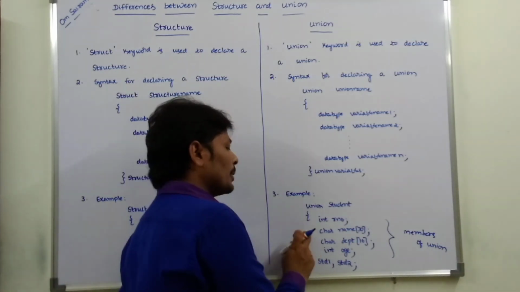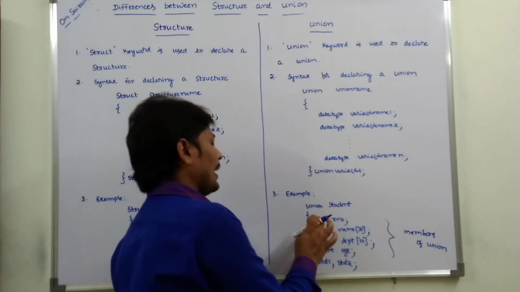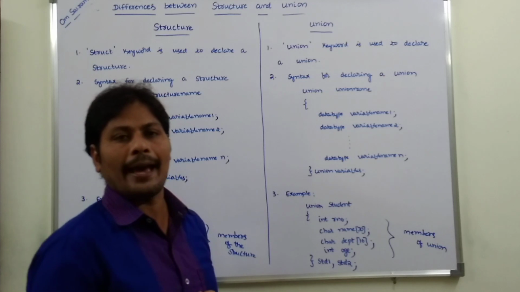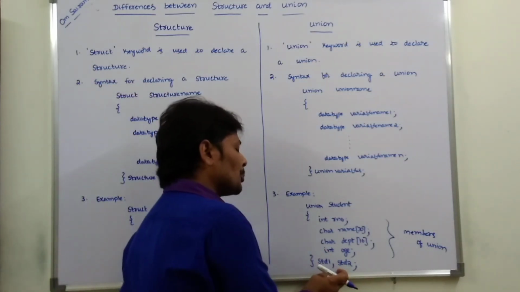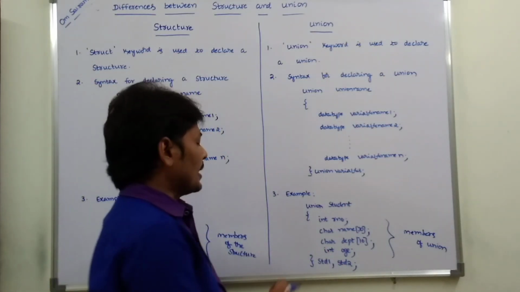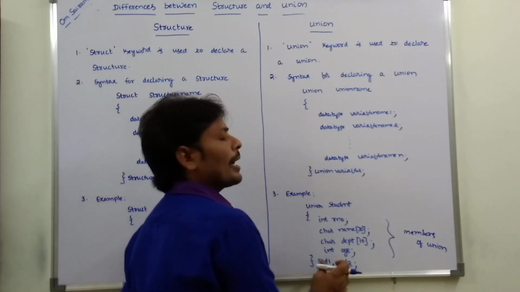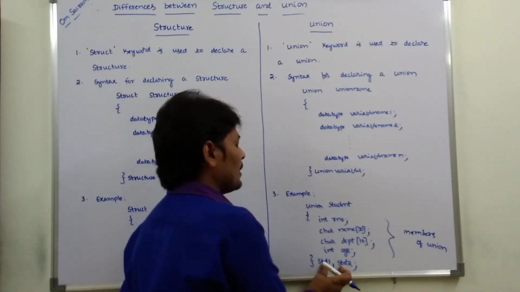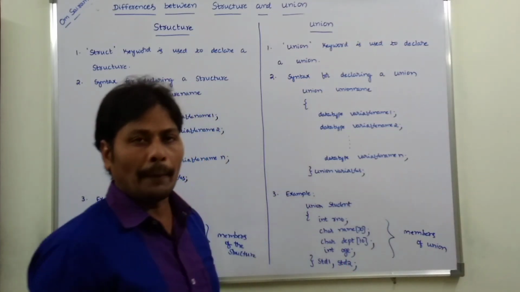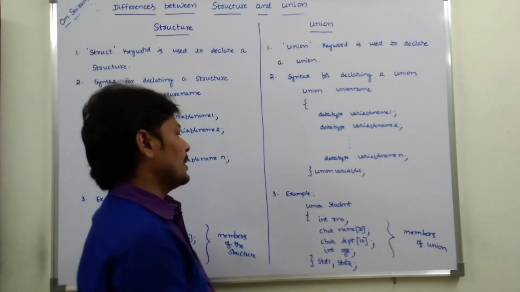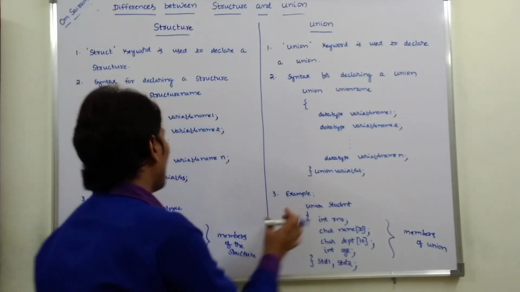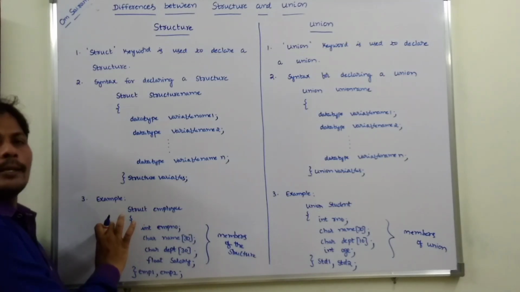Here only two data types are there: int and char. Here we are declaring two variables for the union, std1 and std2, separated by a comma. So this is the example for union, and that is the example for structure.